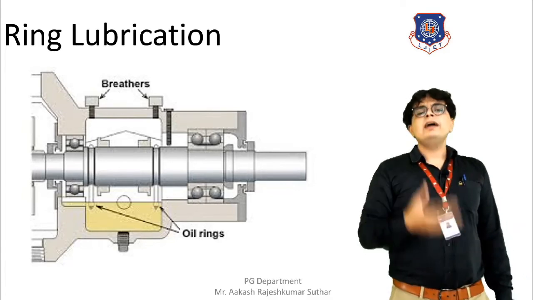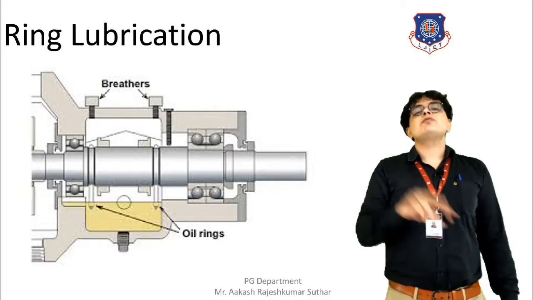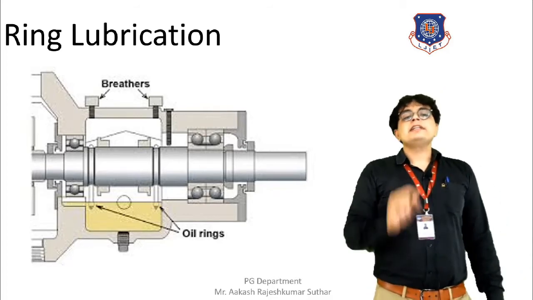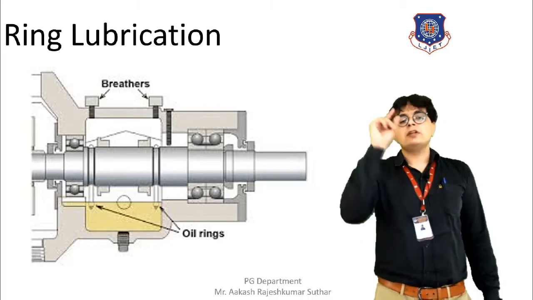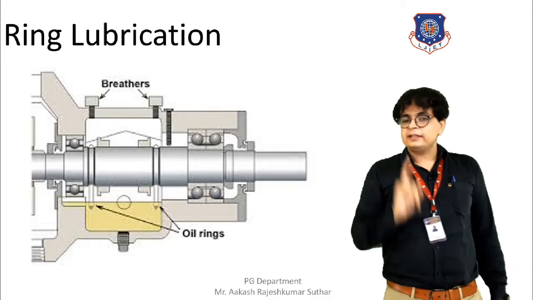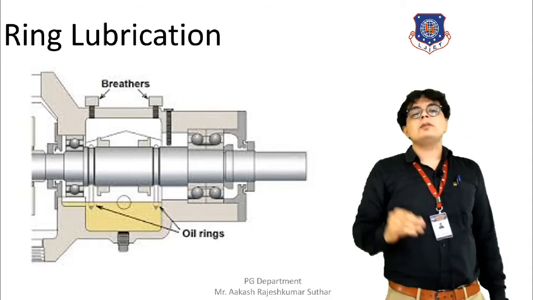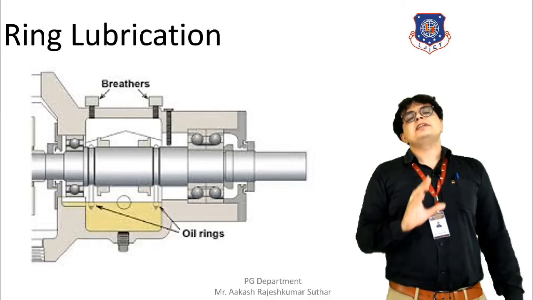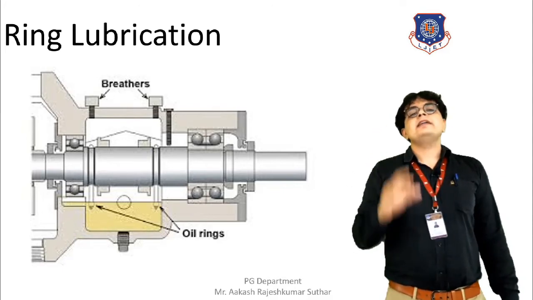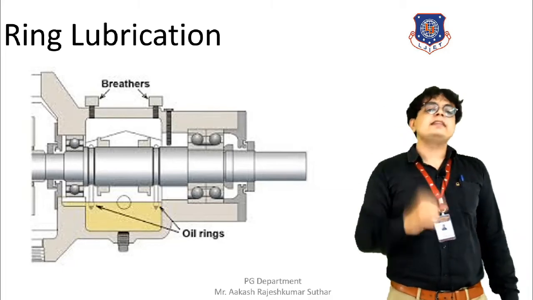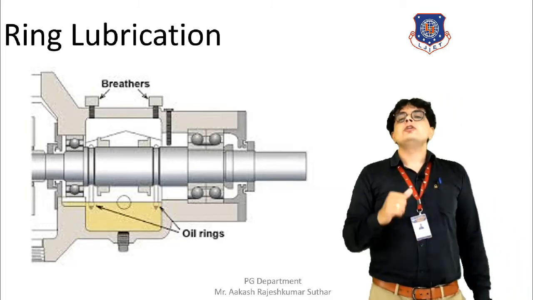Once the horizontal shaft starts rotating, the ring will also start rotating along with it, and because of this rotation, the centrifugal force will act, and at the same time the gravitational force will also be acting on it. By the combination of both these forces, the oil lubricant will be transferred into the bearing, and by this the bearing will be lubricated.